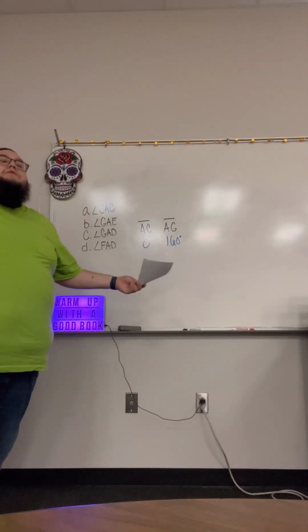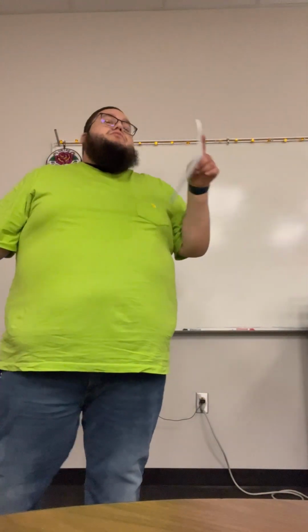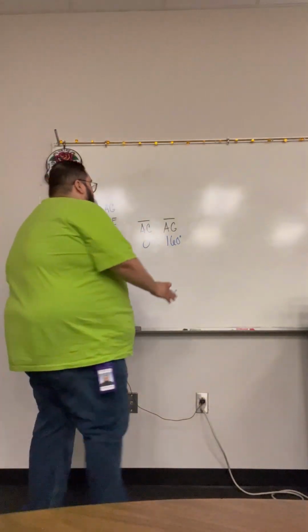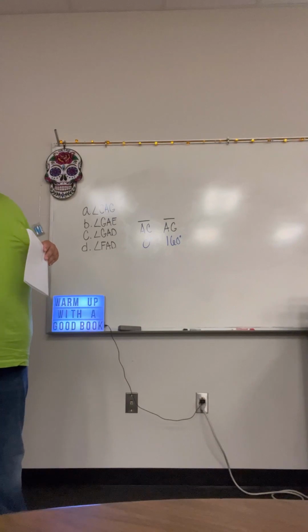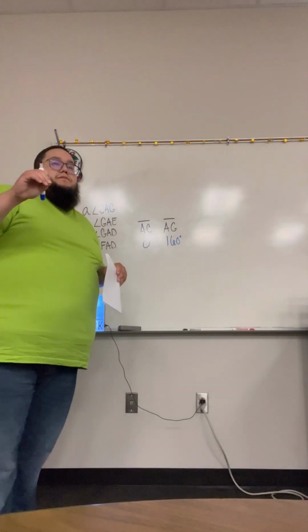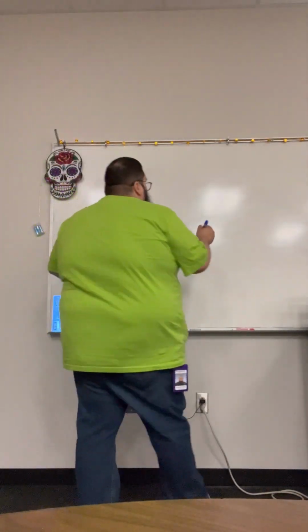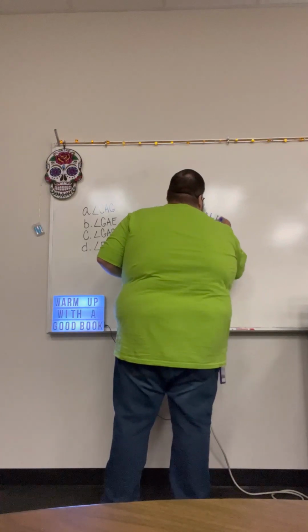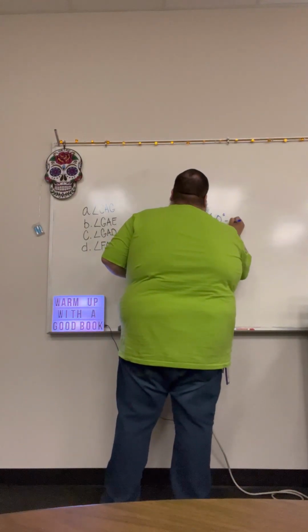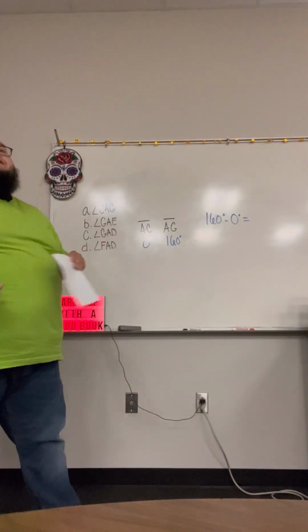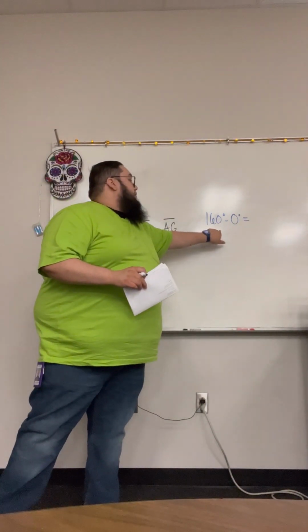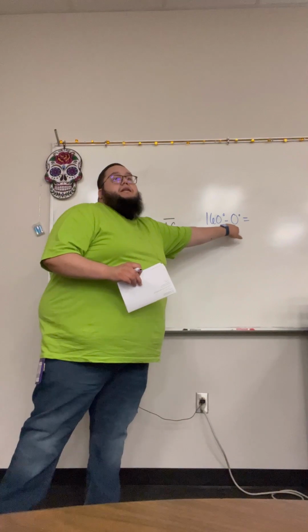So, how do we find that angle? We're going to take these two measures and subtract them. So we're going to do 160 degrees minus 0 degrees, okay? What is that gonna give you? 160 degrees minus 0 degrees.